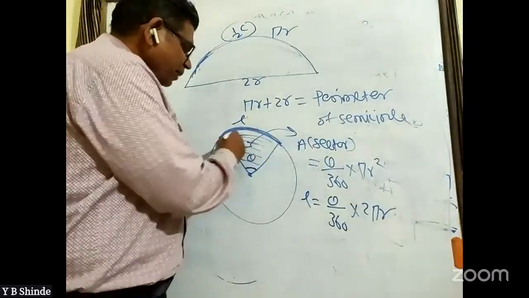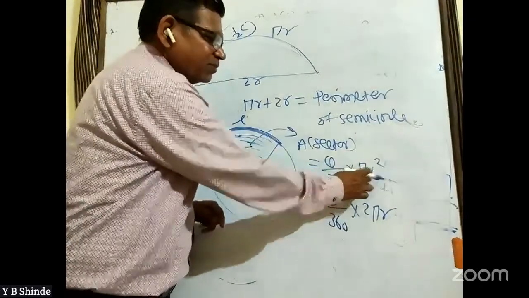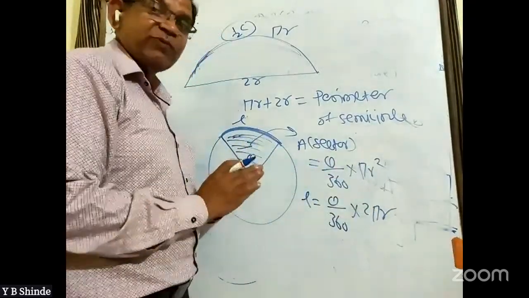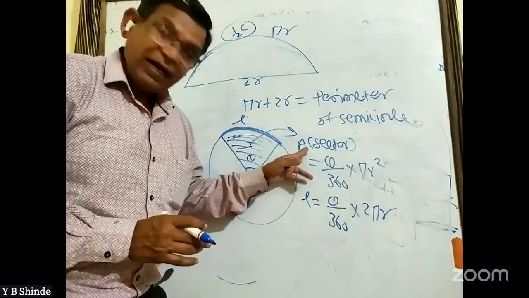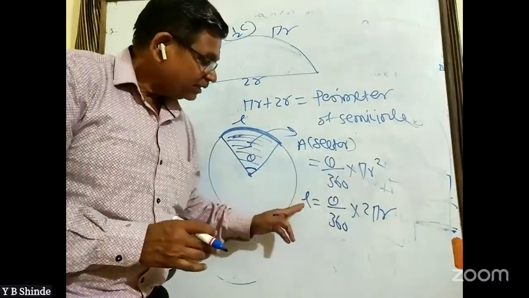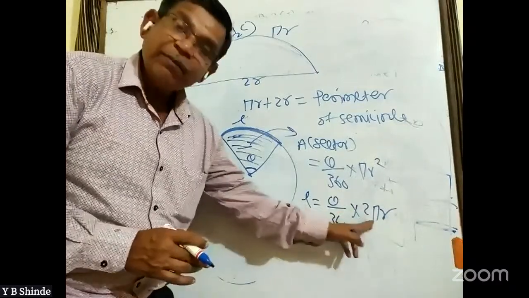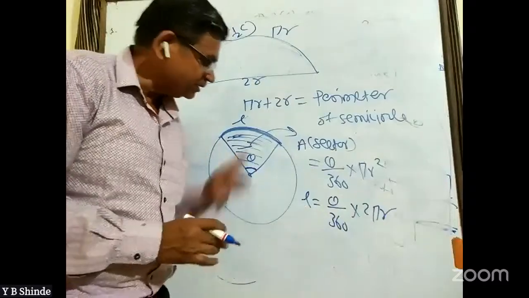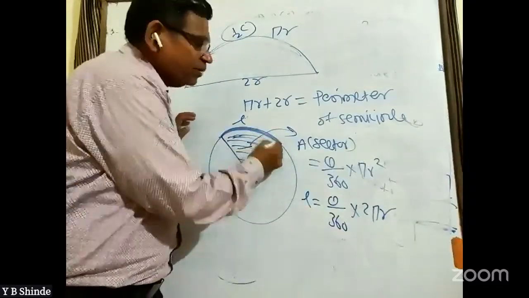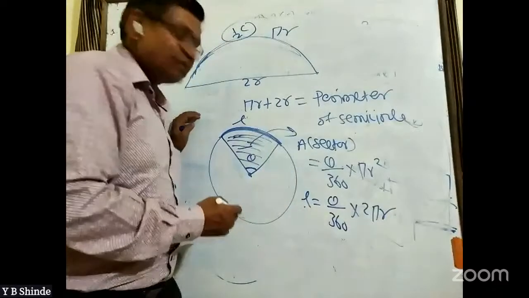Area of sector is a part of area, so it is pi r square. It is 2 pi r. See the difference, why the formula comes. Area, pi r square. Length of arc, perimeter, 2 pi r. It is a part of circumference. It is called a minor arc.